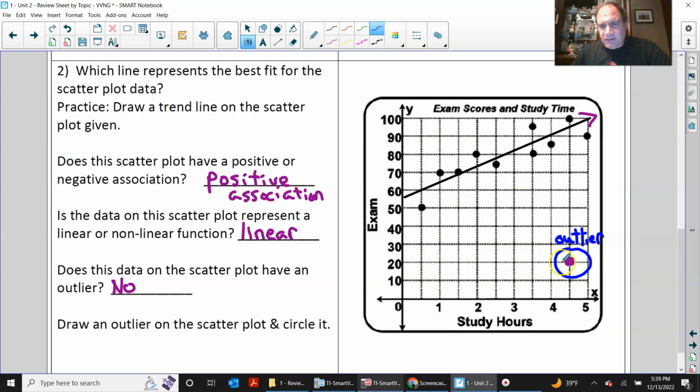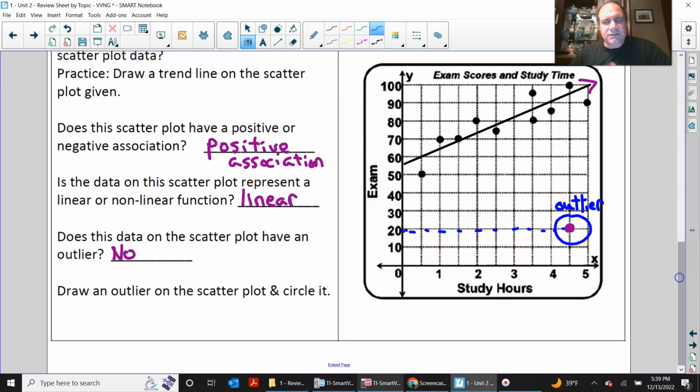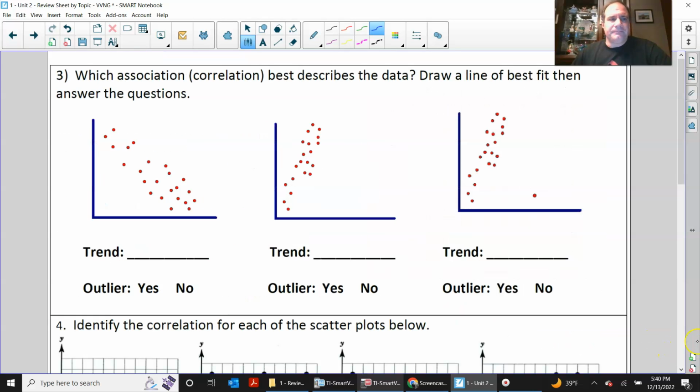The exam score right here would be 20, not 1. You would have to see what the y-axis has and where the outlier is. The outlier is a point that is really far away from the rest of the data, and you kind of ignore it when drawing the trend line.